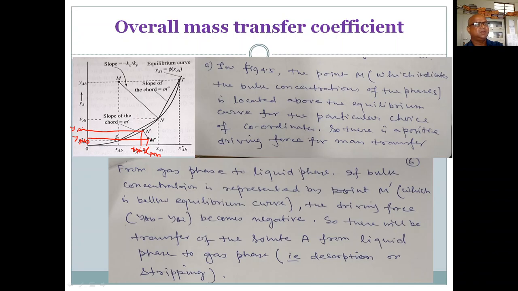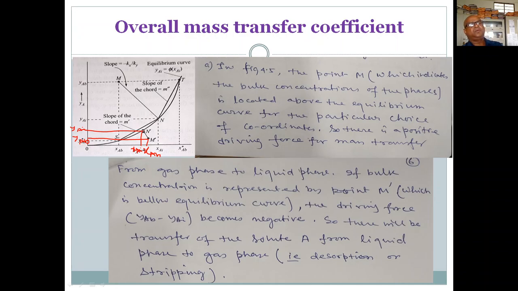But in this case the driving force is YAI minus YAB, that is, the negative of YAB minus YAI. Mass transfer takes place from the liquid phase to the gas phase, which is called stripping.